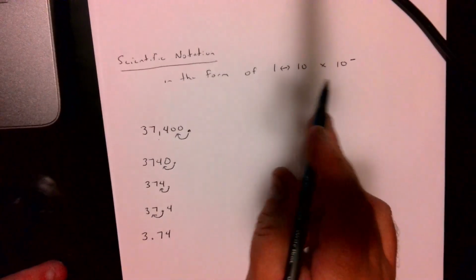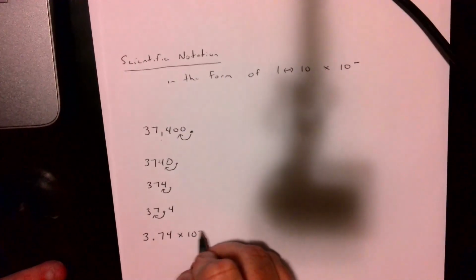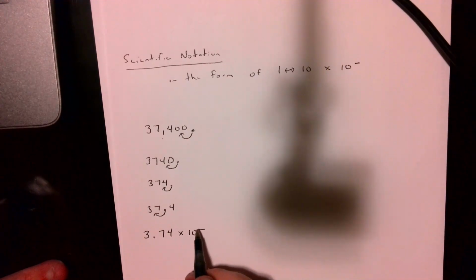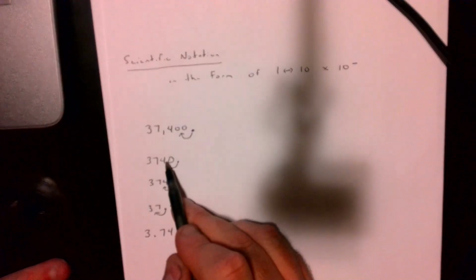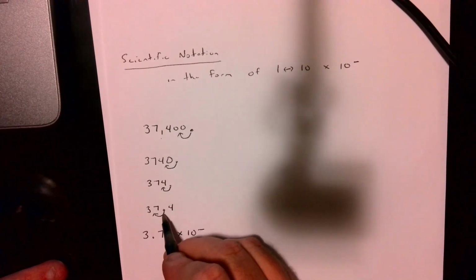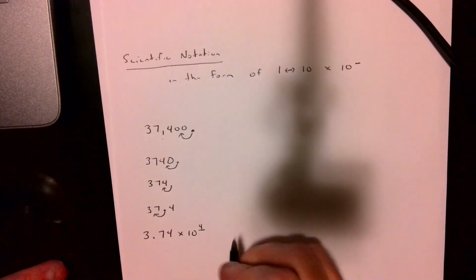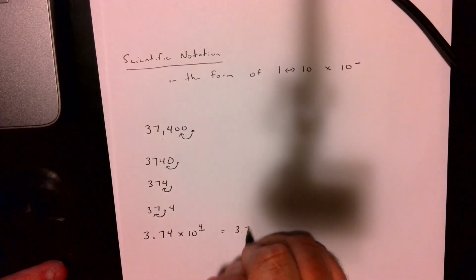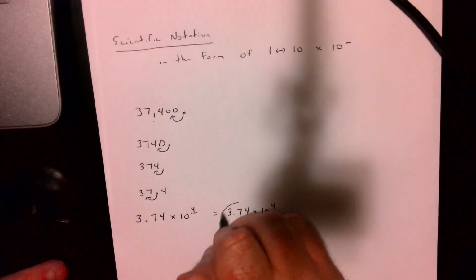But then we said it's times 10 raised to some power. So times 10 raised to a power. Well, what power do you think we're going to put there? Let's see. We moved the decimal 1, 2, 3, 4 times. So therefore it's the power of 4. So my answer is 3.74 times 10 raised to the 4th power.